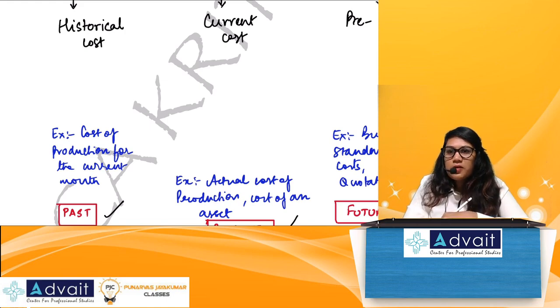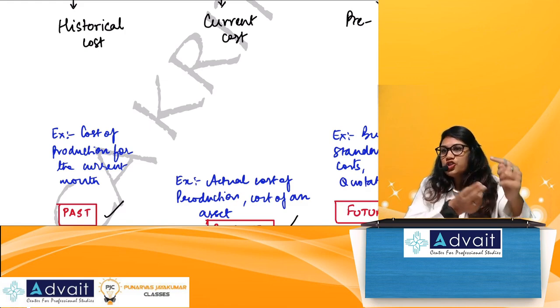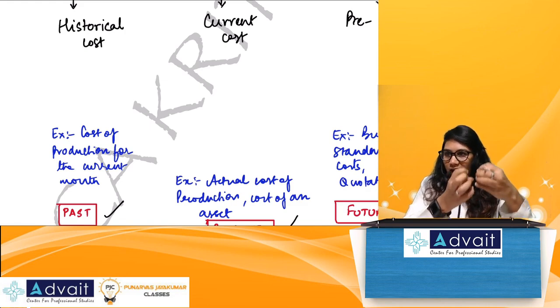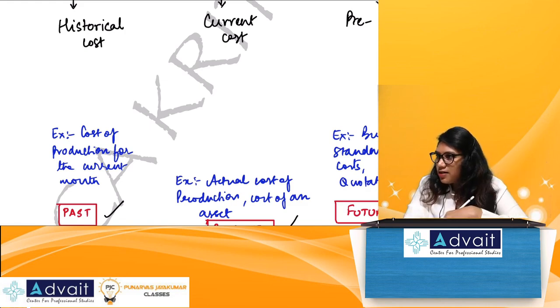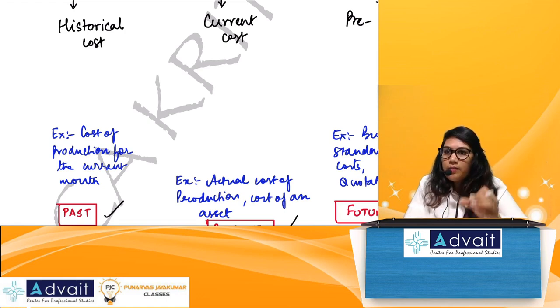Once I purchase the machinery, then I'll get my cost of machinery. How? The purchase value, the installation, the erection, everything put together becomes my value that I'm going to capitalize. Yes or no? So that is called as historical cost. After the event is over, when I am calculating costs, they are known as historical costs in the past.